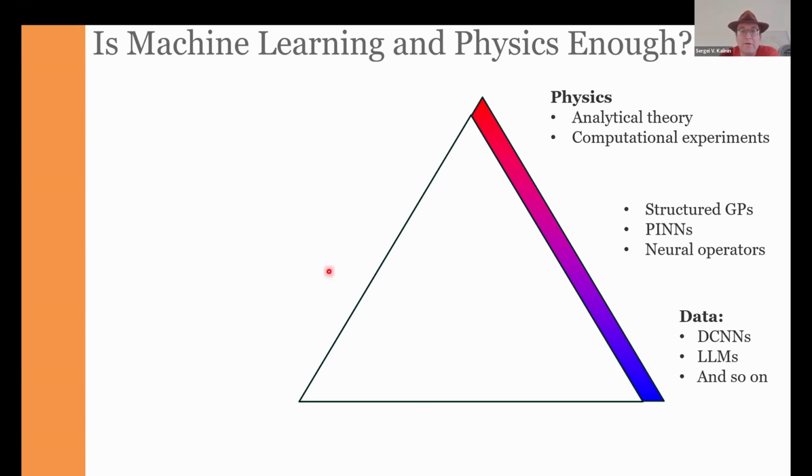So look at this triangle. Let's assume that this corner corresponds to the data-rich methods such as DCNNs, LLMs, and so on. And this corner corresponds to physics, for example, analytical theory, computational experiments, and so on and so forth. You may ask, what's in this corner? And I will posit that this corner deals with the rewards or human motivation. So why are we doing things?